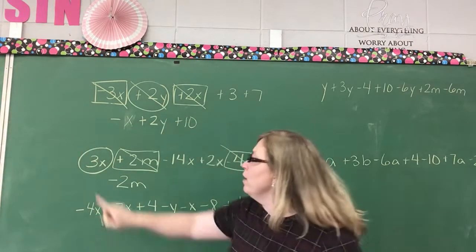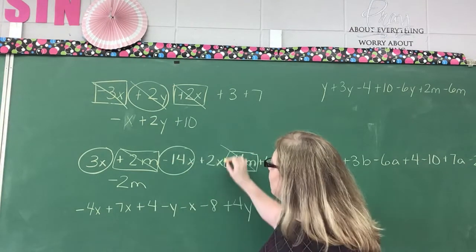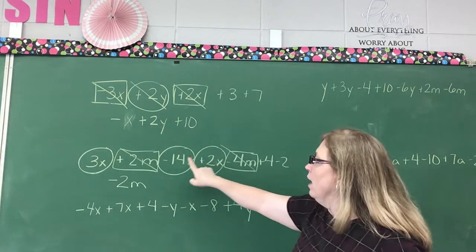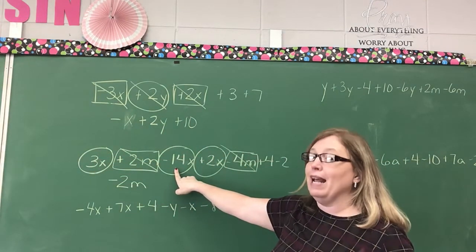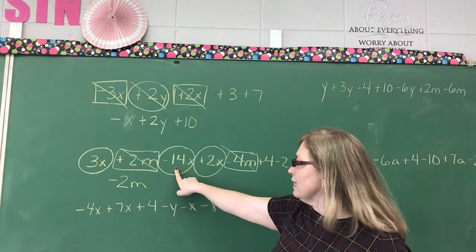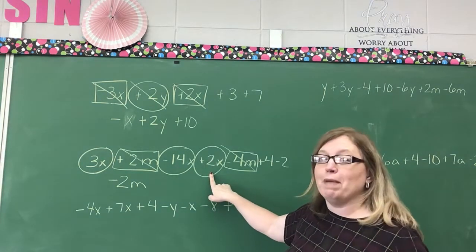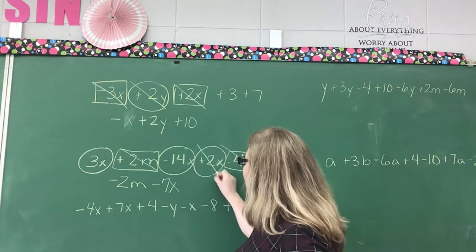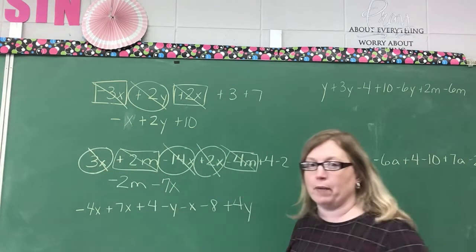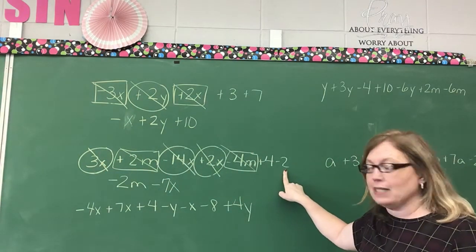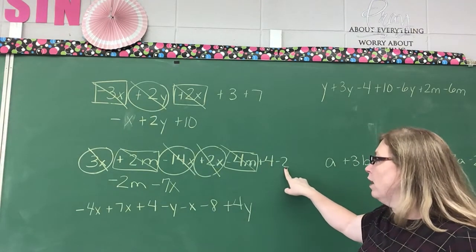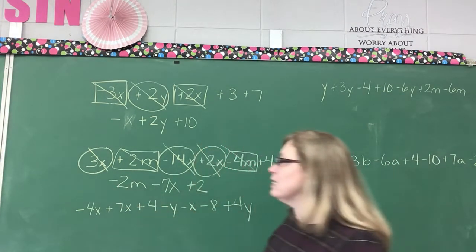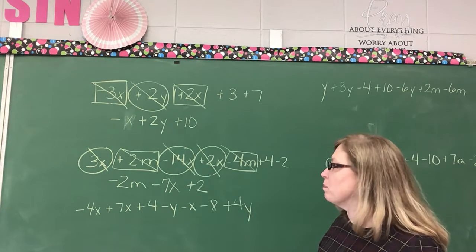It means it's positive. 3x, a negative 14x, and a positive 2x. Okay? So let's go 3 plus a negative 14 is going to be negative 11. Negative 11 plus 2 makes negative 7. So I have a negative 7x. I've used that one, I've used that one, and I've used that one. Now all I have left are my constants. 4, positive 4, plus a negative 2 is a positive 2. So my answer is negative 2m minus 7x plus 2.